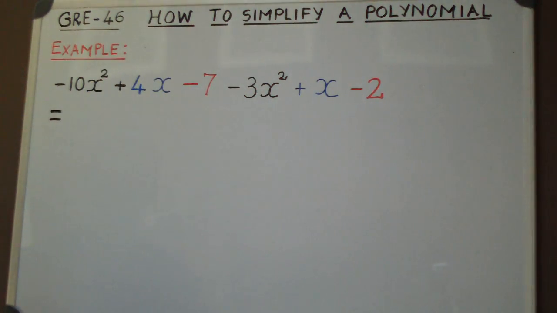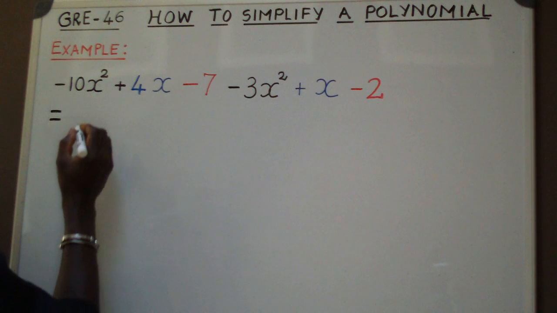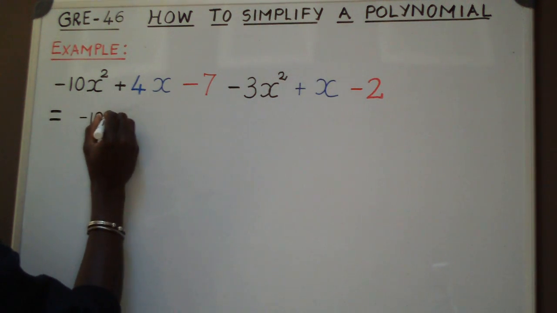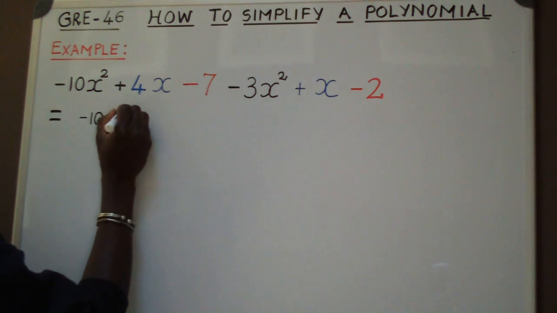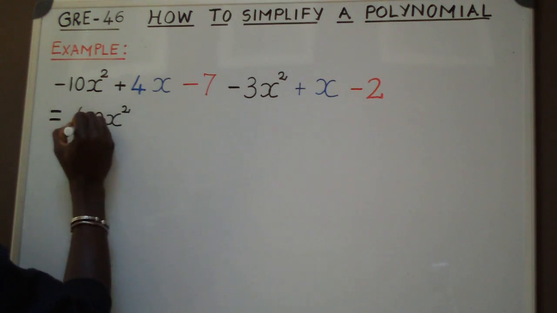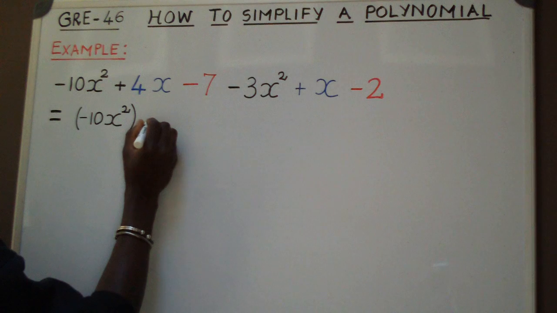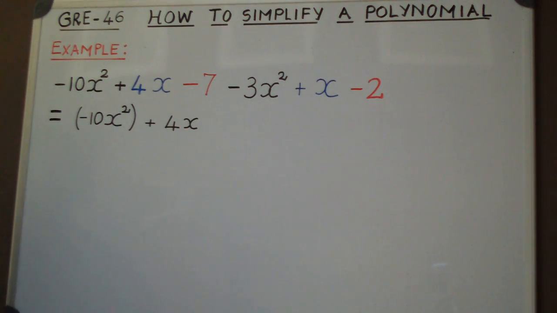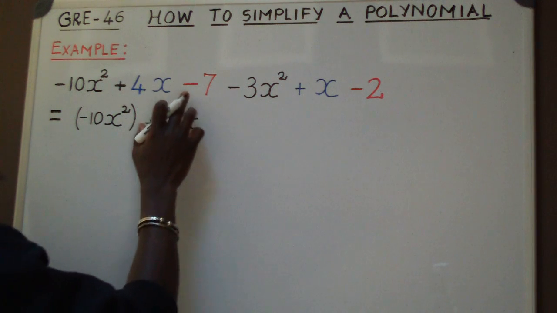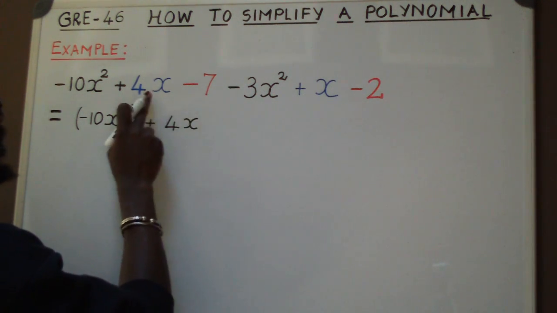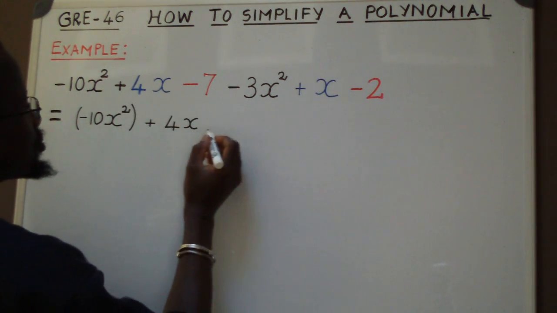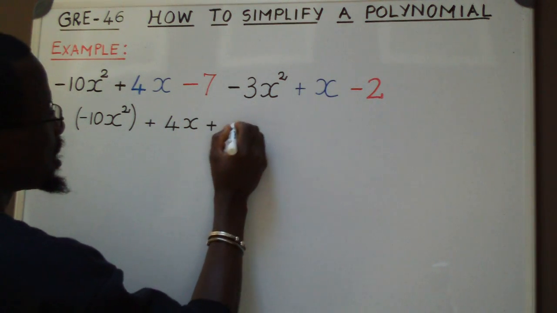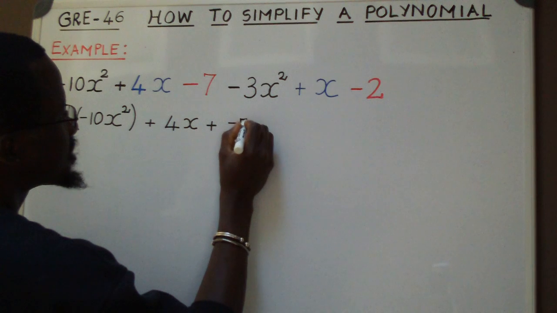So here, what I'm going to do is to write the following thing. I'm going to say here I have negative 10x squared, okay? I have negative 10x squared added to 4x, okay? As you can see here, this is what I have. Then to subtract the 7 from the 4x, well, I'm going to say that is the same as adding to the 4x here the negative of 7.